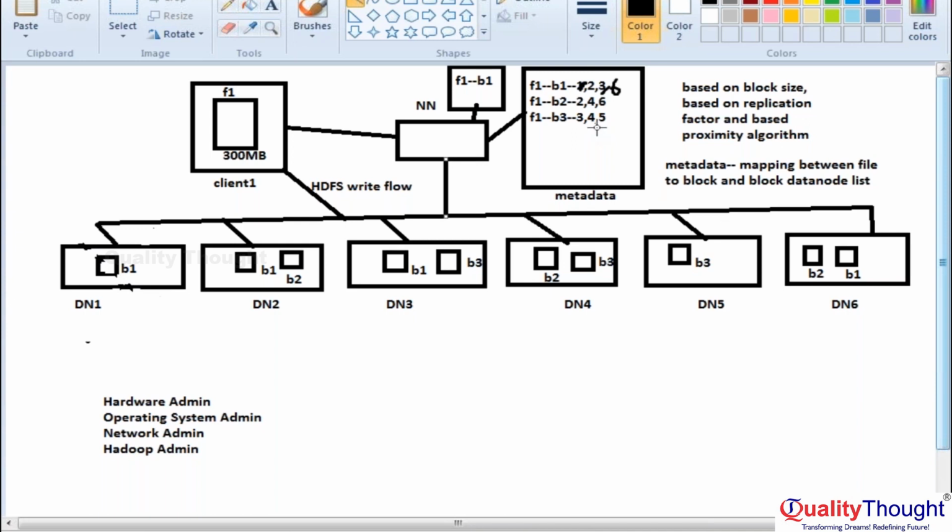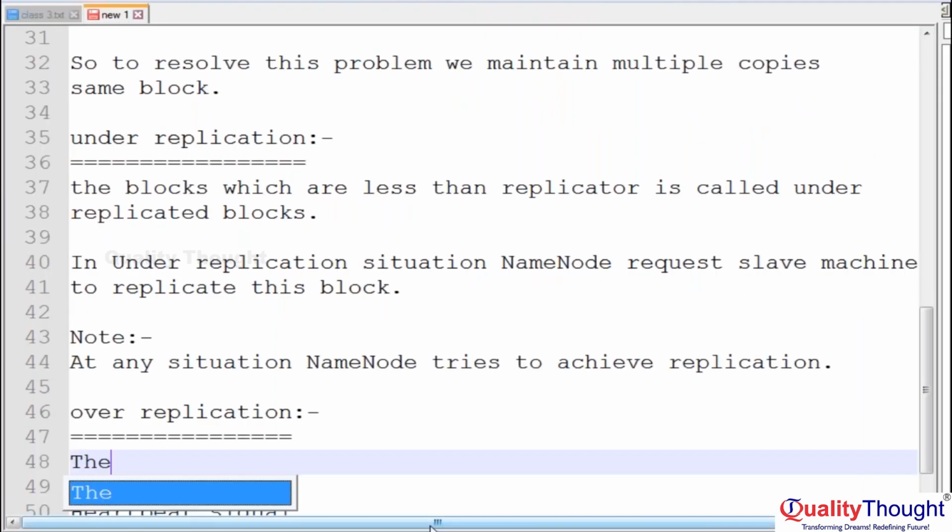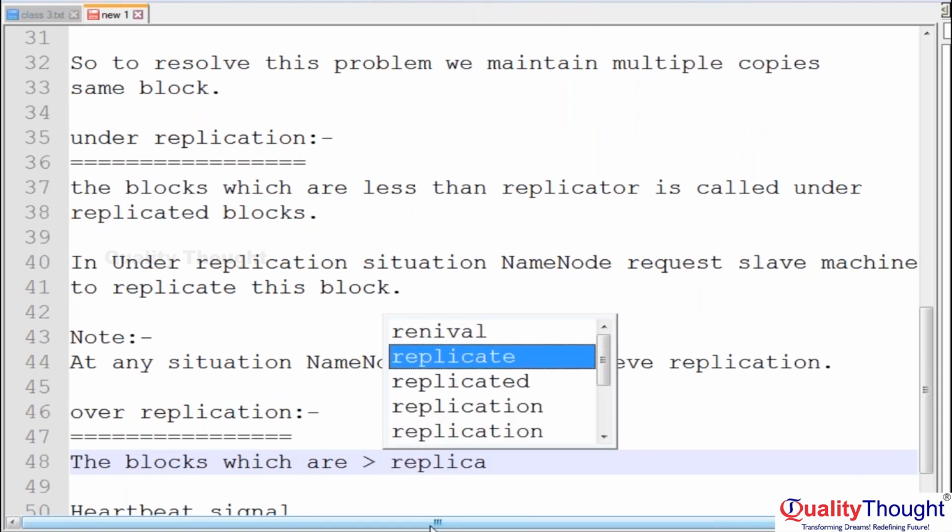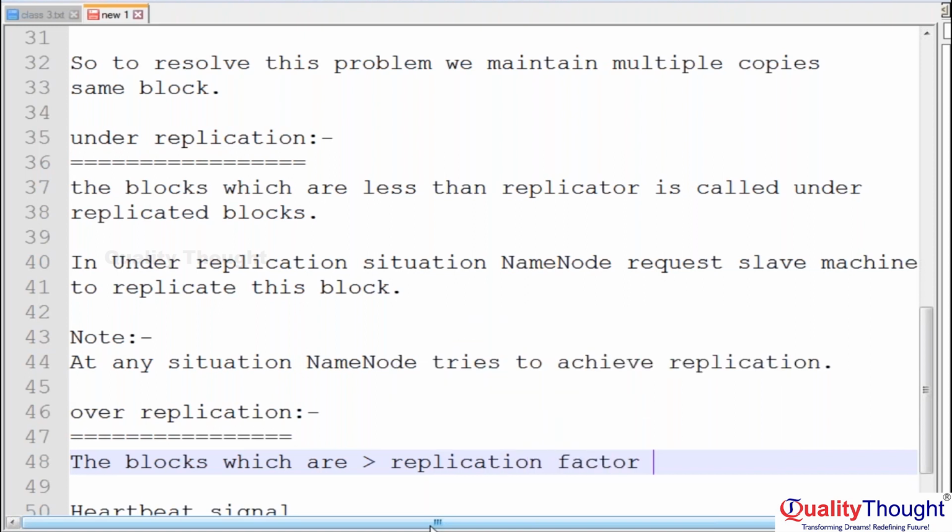So block 1 is already present with 3 replicas, but this is an additional block, right? The blocks which are greater than the replication factor are called over replication. Over replication.